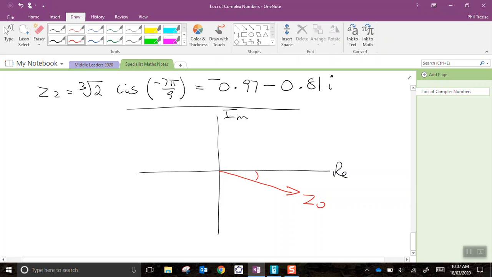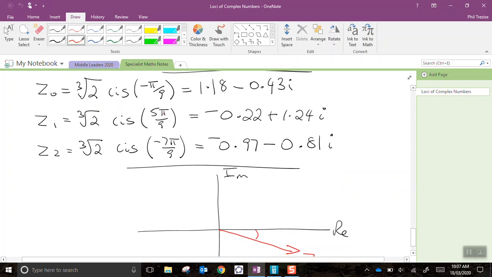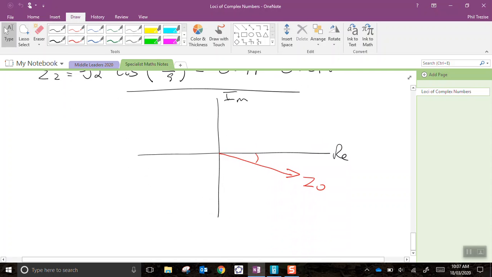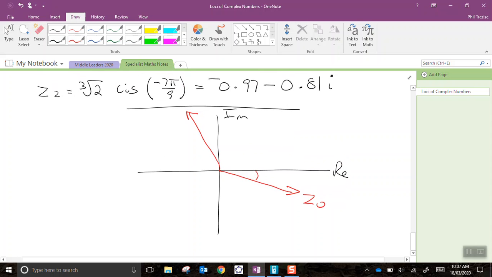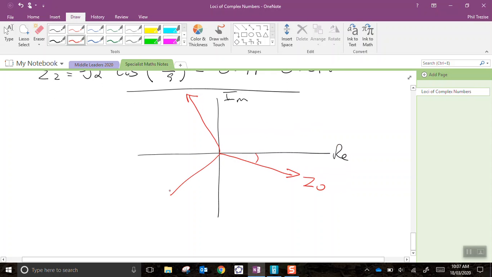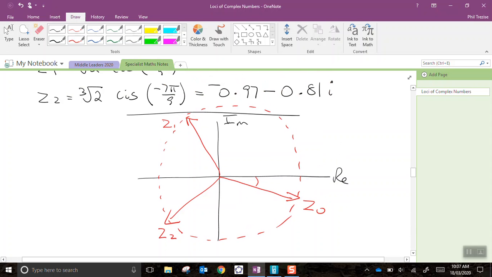Now, because there are 3 of them, they'll be equally spaced around the complex plane. The next one is at 5 pi over 9, so that's just a little bit past pi over 2. And then the next one is negative 7 pi over 9, so it'll be down here. This is Z1, this is Z2. Of course, they all have the same length, so I would be able to have a circle going around there, and the radius of the circle, the length of the modulus, would be cube root 2. And that's my very, very rough Argand diagram for these.